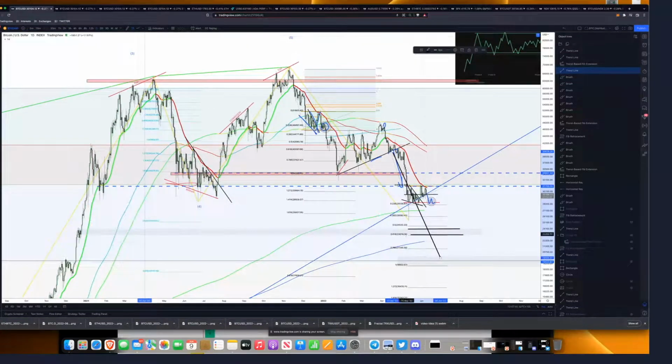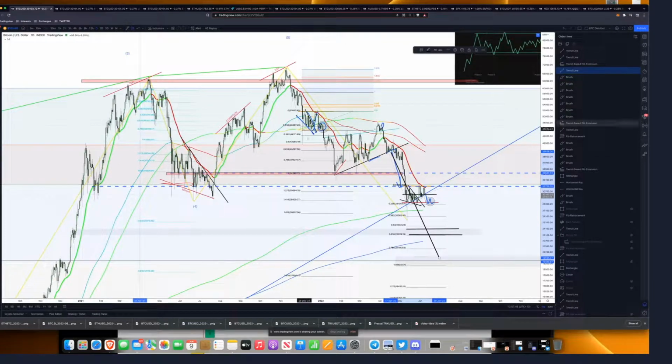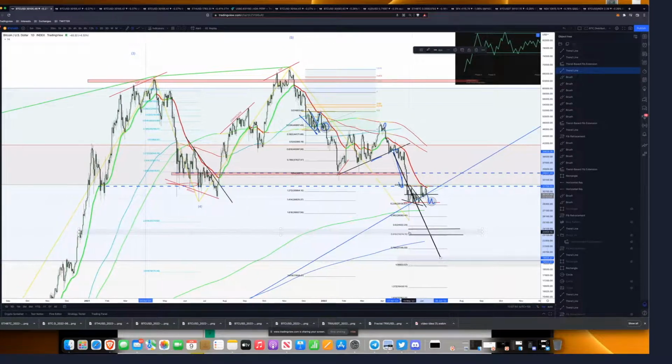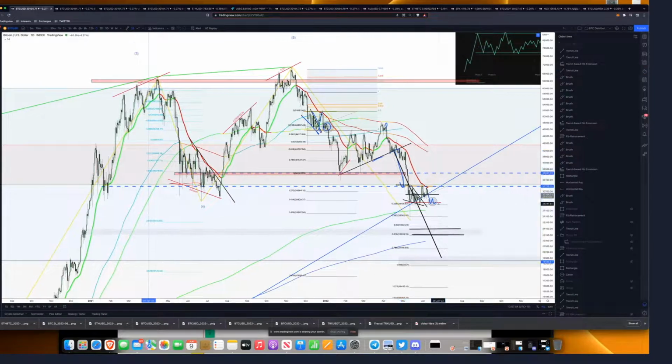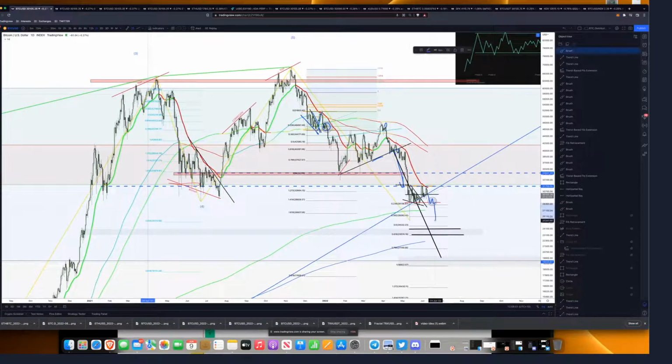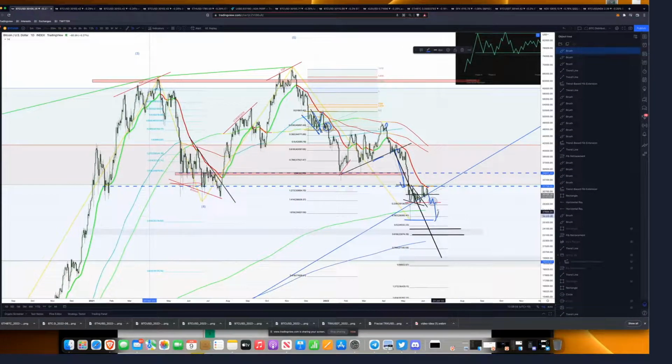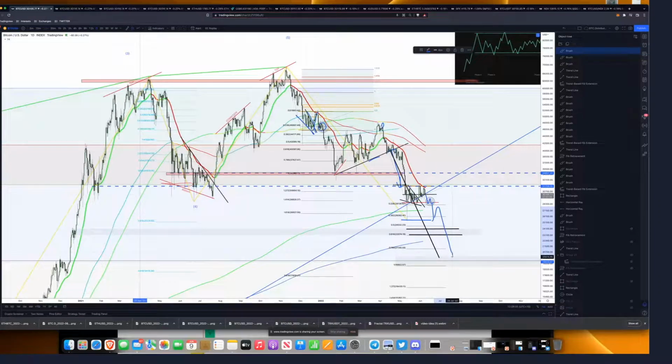So how we do that, you've got to keep an eye on it, because you can see how the wicks work. With a wick, I would put some buy orders here, and I'll have some buy orders there, in case there's a wick that comes down there. If there's no wick, so if this was to wick down, I think what happens is we'll come down to this level and then come back down stronger.